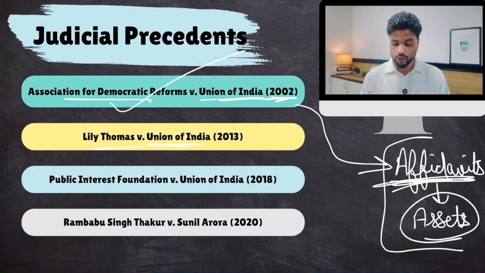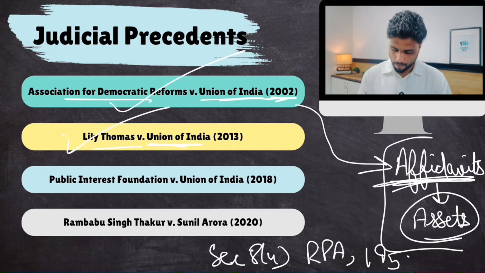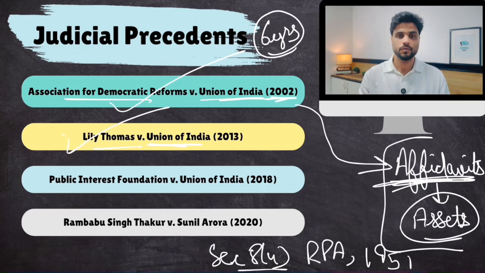Then in Lily Thomas versus Union of India, this was a landmark judgment. There is Section 8, Clause 4 of the Representation of People's Act 1951. If you are convicted of an offense and the punishment is more than 2 years of jail term, you are disqualified from fighting elections for at least 6 years.